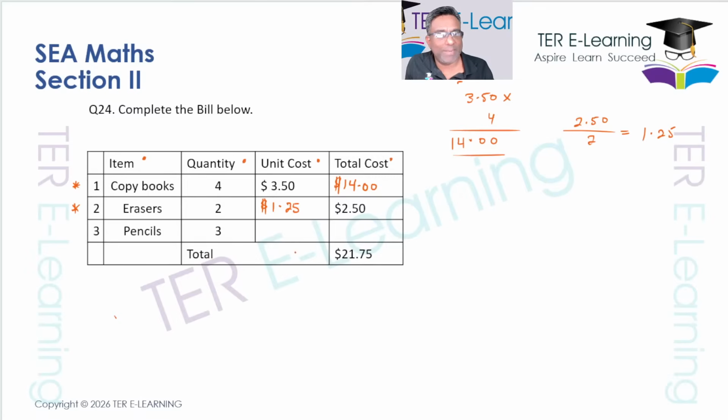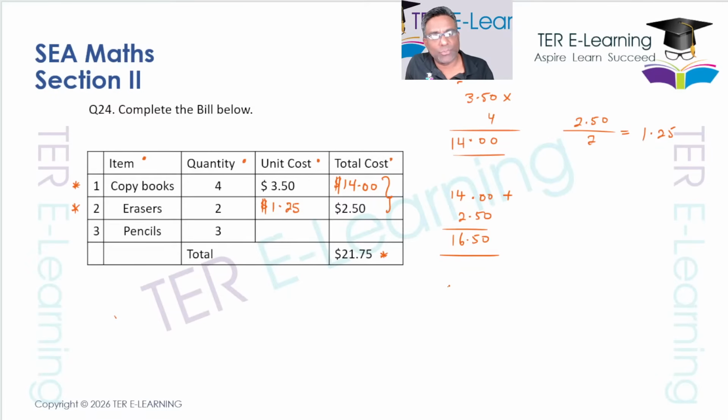Now we need to figure out the pencils. To work out the pencils, since you know what the total bill is, we're going to add up these 2 here and remove it from the $21.75. So $14 plus $2.50 is going to give us $16.50. So that's the total cost for the copybooks and the erasers.